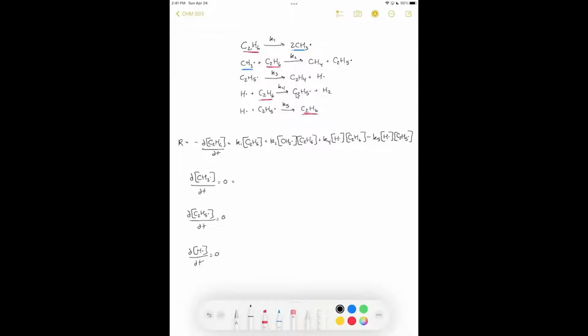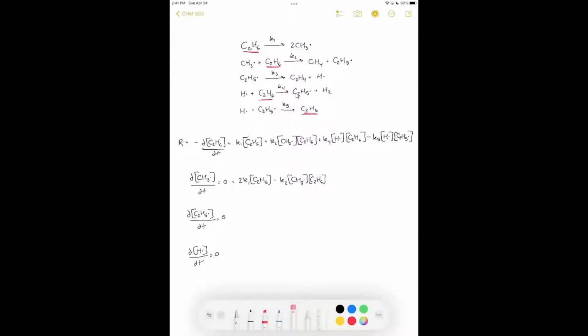In order to say that we're forming 2 methyl radicals in the first step, the formation of methyl radical with respect to time is 2k1 times the concentration of C2H6, because every time C2H6 is decomposed, we get twice the amount of methyl radicals. And then we will subtract k2 times the concentration of methyl radical times the concentration of C2H6. Okay, so we set that one up.